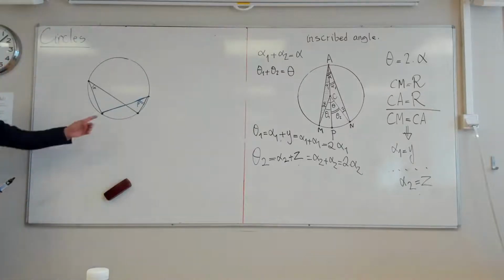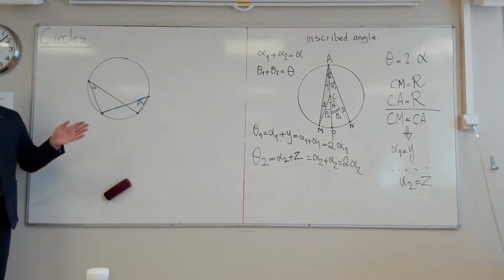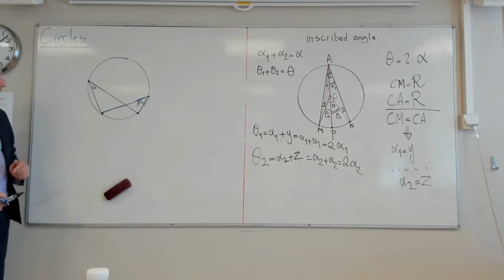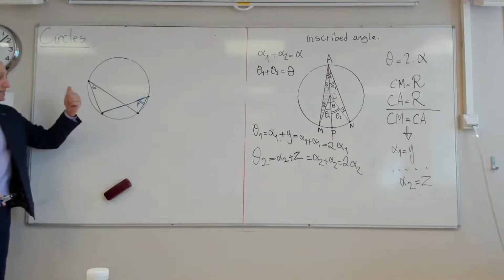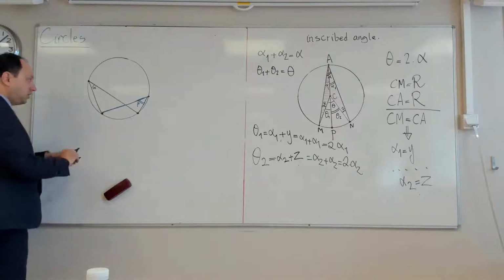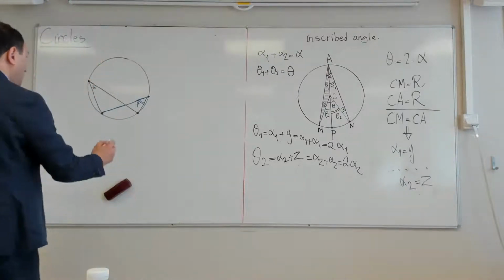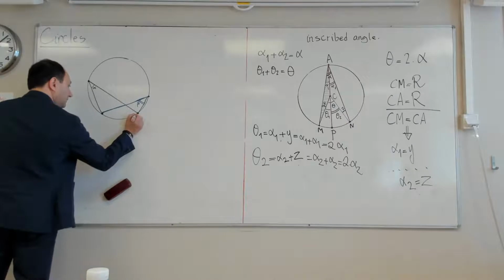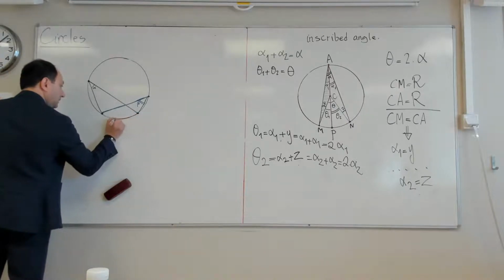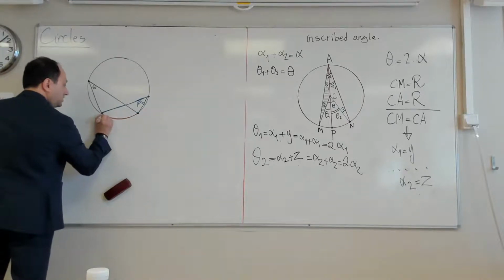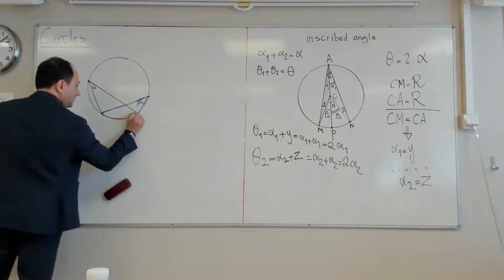Okay? None of them are central angles. Both of them are inscribed angles. But they are subtending the same arc. That arc is, let me just draw it with red. That arc is this arc. So what is the relation between alpha and beta? What do you think?